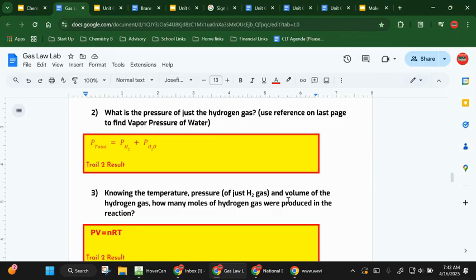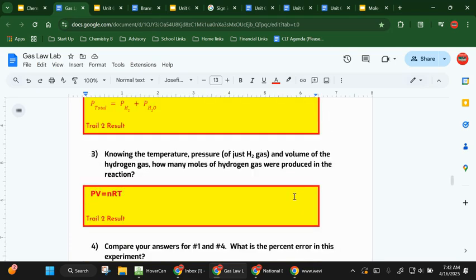Okay. Question number 3. I have seen people make mistakes on this. Some common mistakes, so let's clear this up. First of all, the formula is PV equals nRT, and you are solving for n. n is going to be a small number, and it should be a number close to what the calculation number 1 values were.